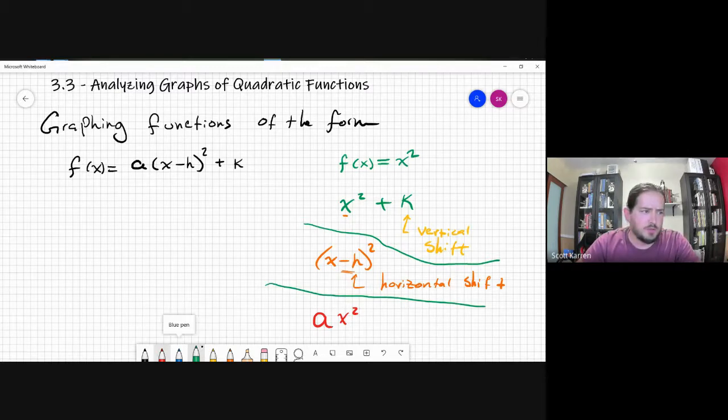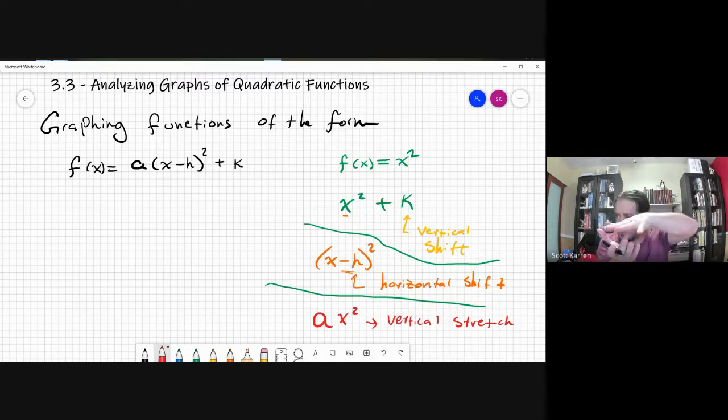But if I just multiply in front by an a, this is either a stretch or a compression. Remember, if a is bigger than 1, then it's a vertical stretch. If a is between 0 and 1, then it's a compression. If a is negative, then it is a flip, and then also either a stretch or a compression, right?